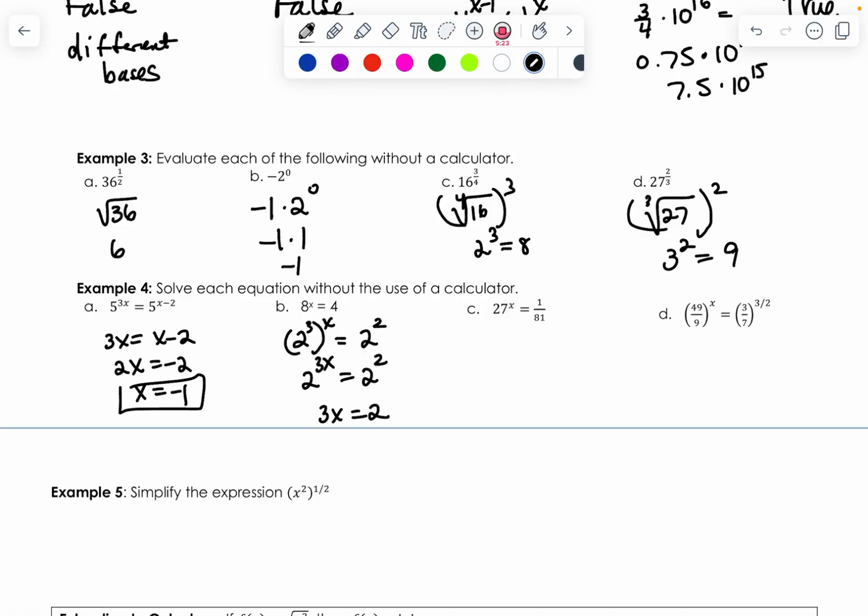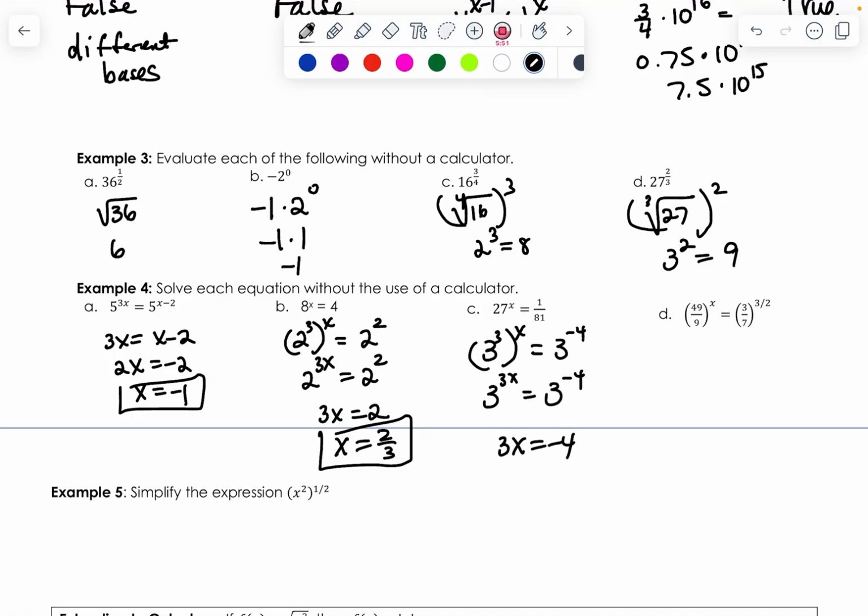I am not canceling the bases. I want to make sure that's clear. I'm not canceling the bases. I'm getting the bases equal. If the bases are equal, then that implies that their exponents must be equal. All right, in this one, 3 cubed is 27, and 3 to the negative 4 is 1 over 81. So I can get a common base of 3, then their exponents are equal.